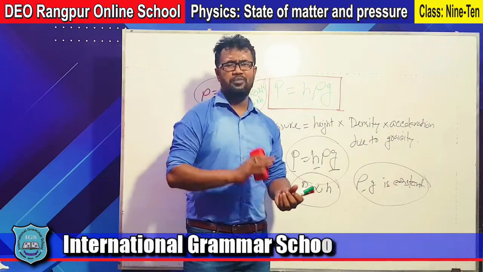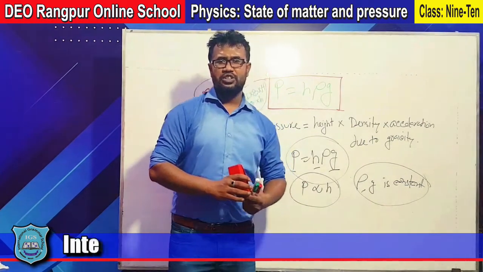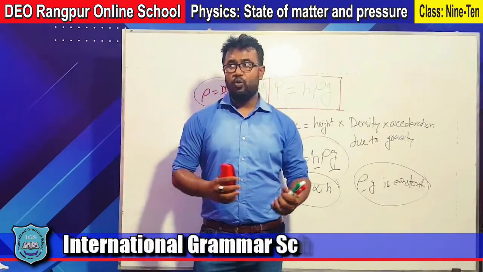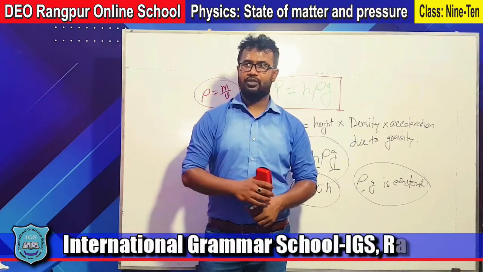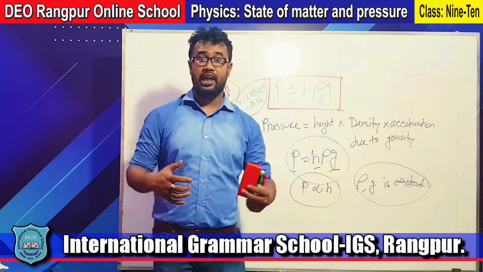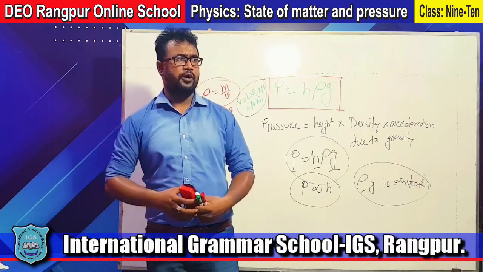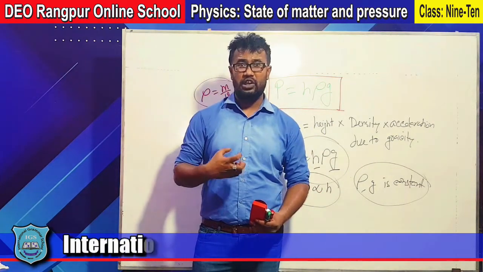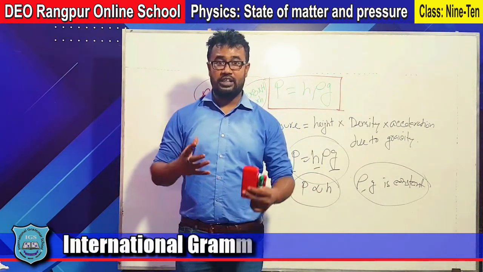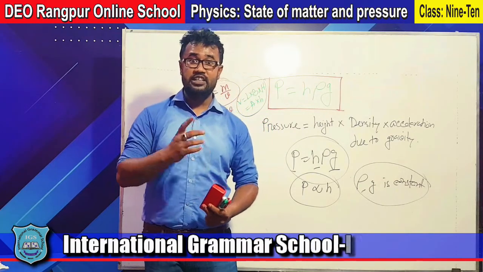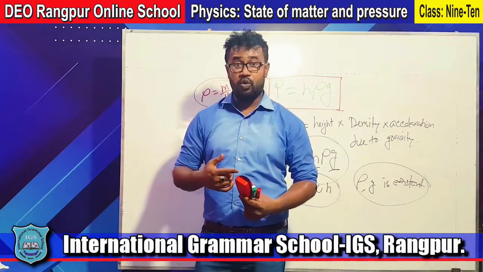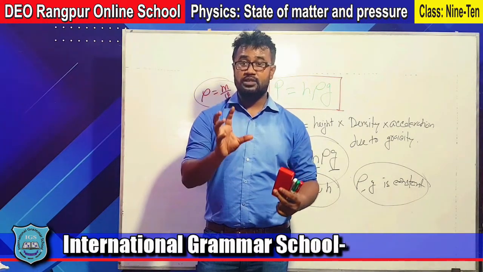Now the last and most important thing: all human beings feel a pressure, the air pressure. The air surrounding me is giving me a pressure. You will be astonished to know the amount of pressure is near about the weight of a small elephant.